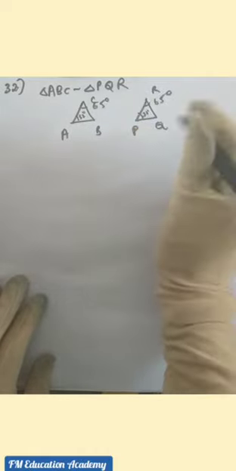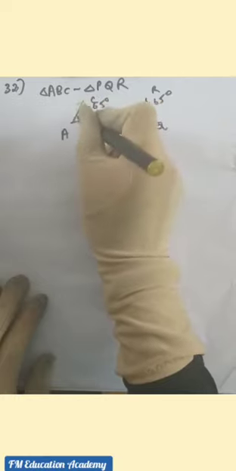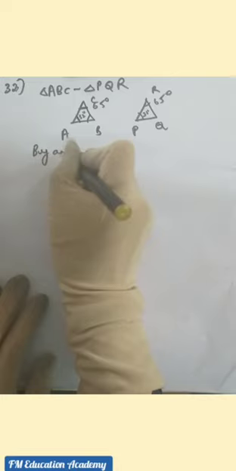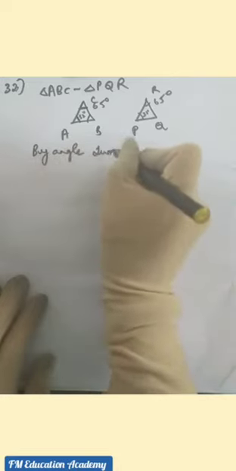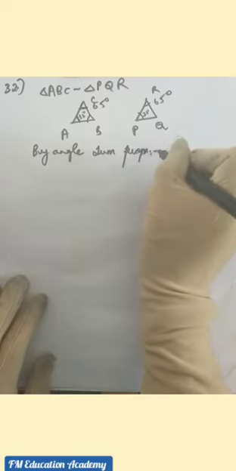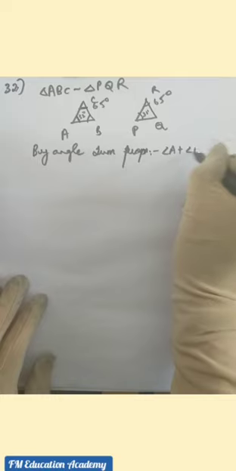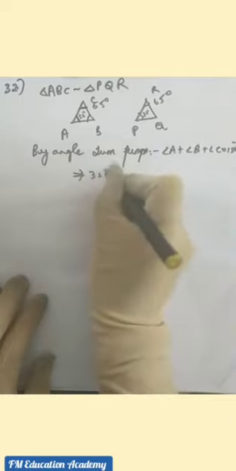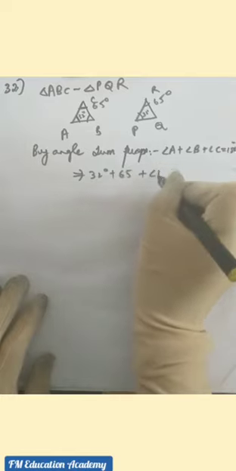So it is asking us angle B. We know angle A, we know angle C. Easily we can find out angle B. How? By angle sum property. What do you know by angle sum property? Sum of all angles of a triangle is equal to 180 degree. That is angle A plus angle B plus angle C will be equal to 180 degree. Substitute: 32 plus 65 plus angle B is equals to 180 degree.